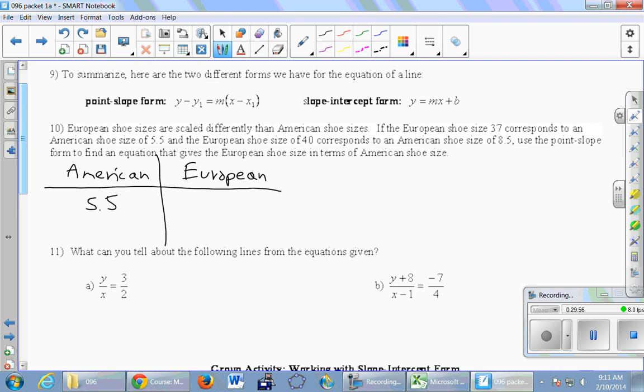And what's the corresponding European? 37. And there's another data point given in the problem, so fill in the next row with two other numbers from this problem. So 8.5 here is 40 over there.